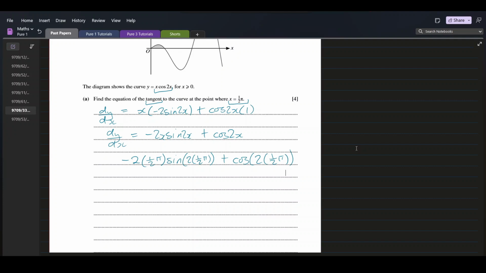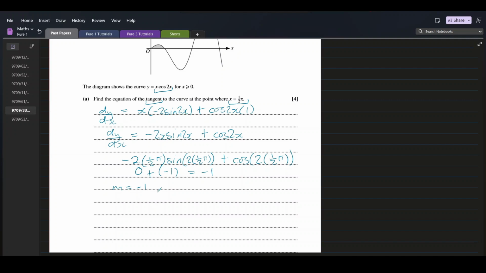That's just sin pi, which gives you, make sure you're in radians, 0. And then let's evaluate cos pi. Cos pi is negative 1. So you end up with negative 1 as the gradient for our tangent. So m is equal to negative 1.